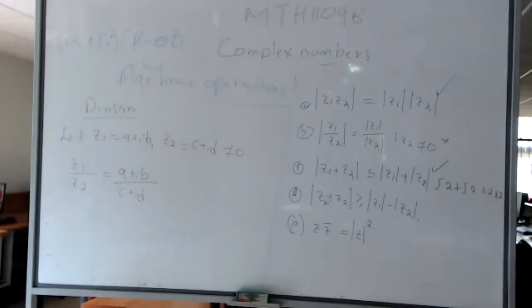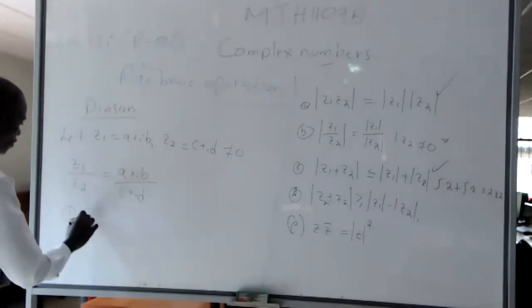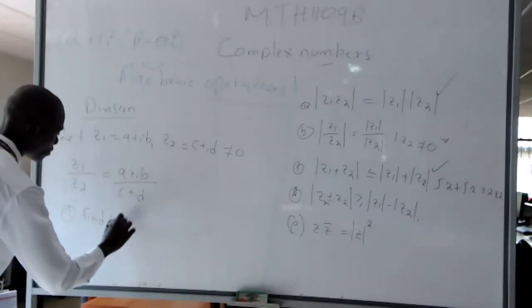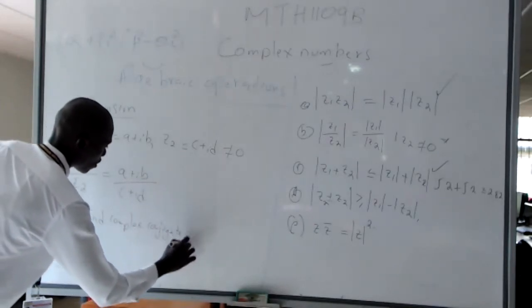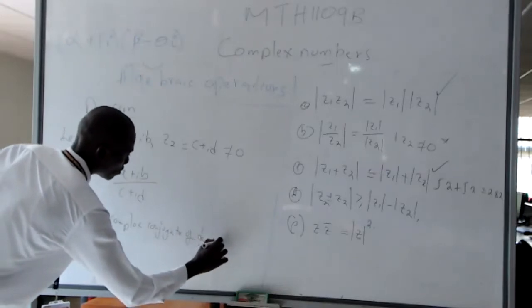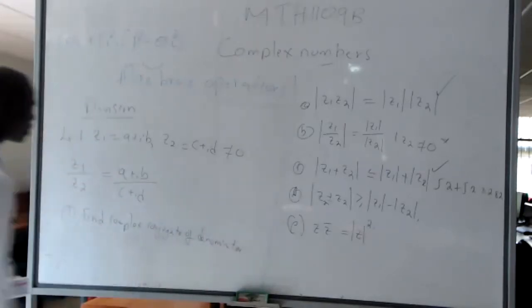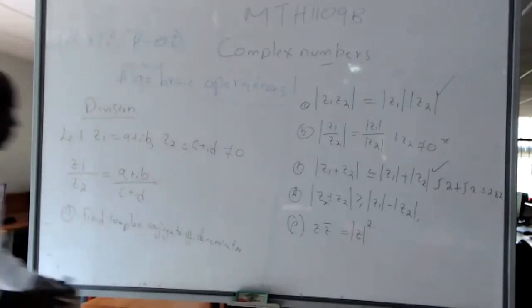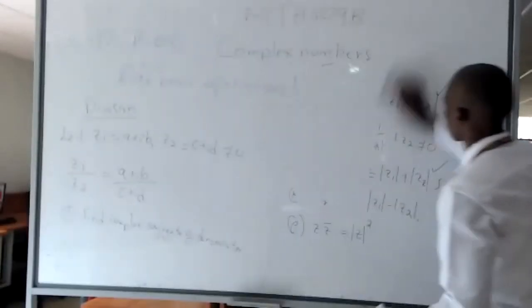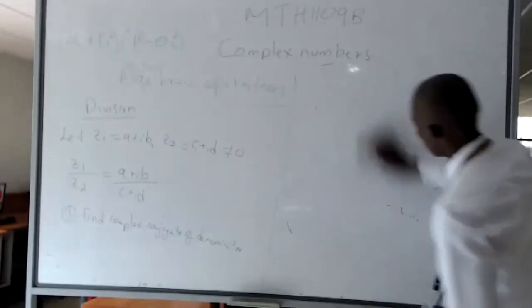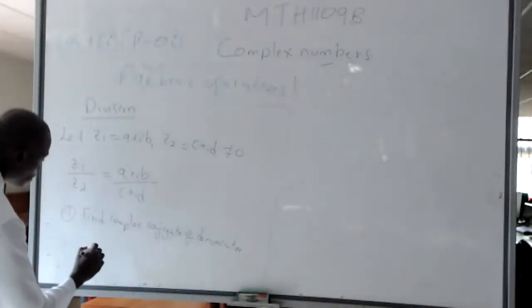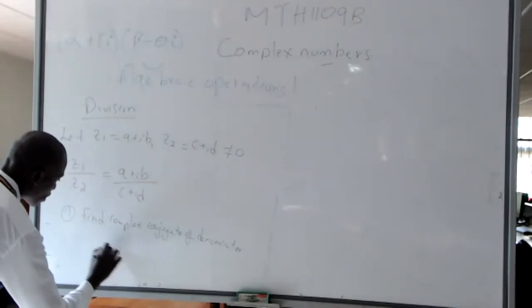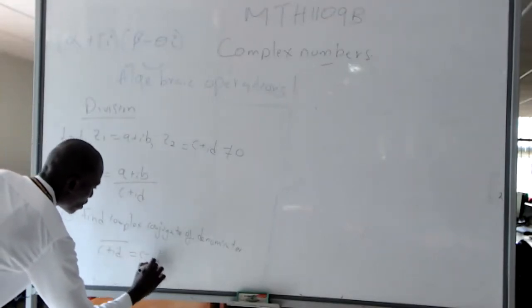The first rule, rule number 1, find the complex conjugate of the denominator. In this case, what's the complex conjugate of the denominator? C minus ID. Good. So the complex conjugate of this, you can write C plus ID, the complex conjugate is C minus ID.